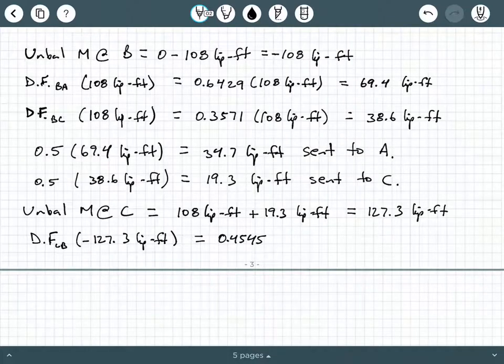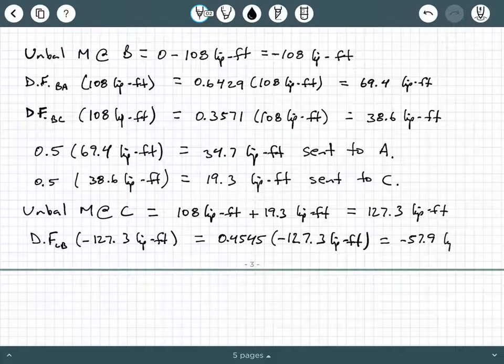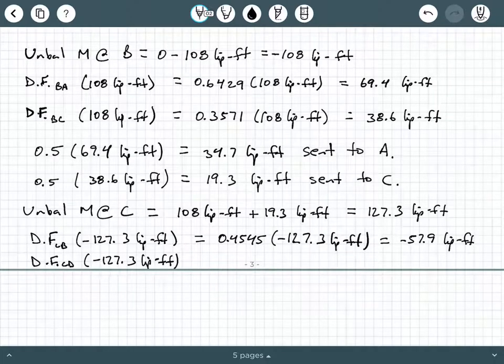So that distribution factor was 0.4545 times negative 127.3 kip feet. So I end up getting a negative 57.9 kip feet. And then infinitesimally to the right of C, I've got distribution factor CD times negative 127.3 kip feet.